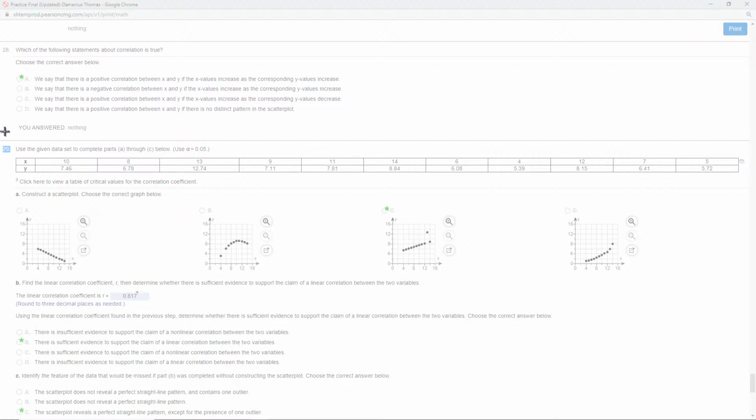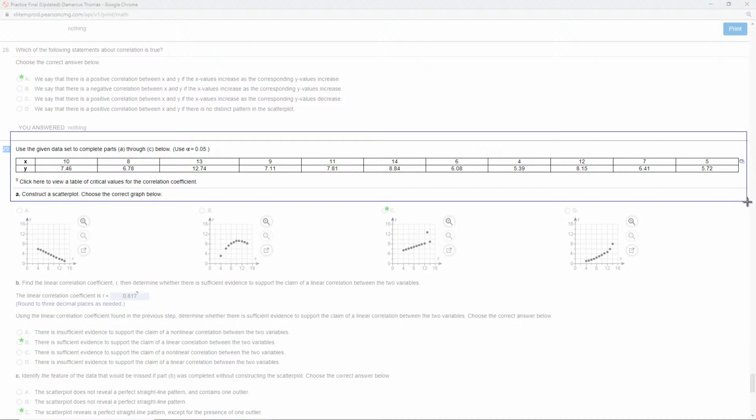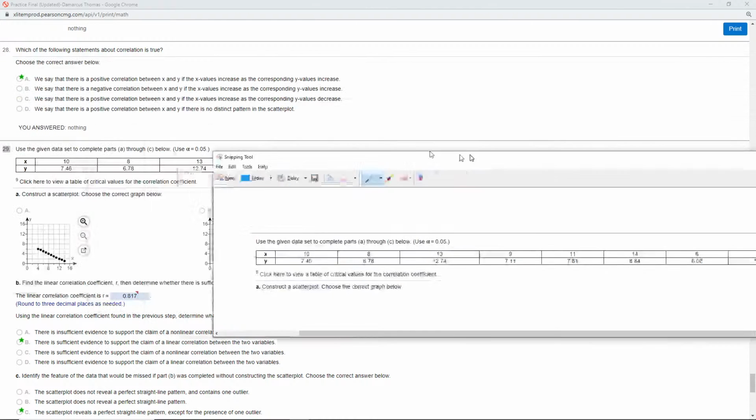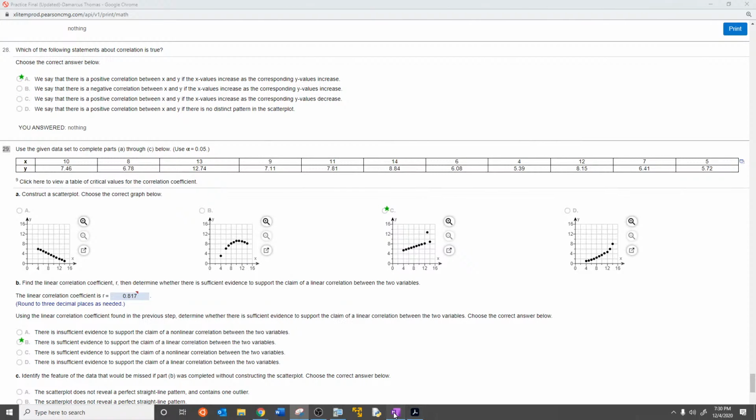So what I'll do is just create an image of it. Let's see if I can just paste it into the Word.